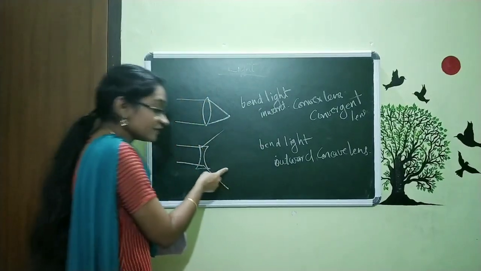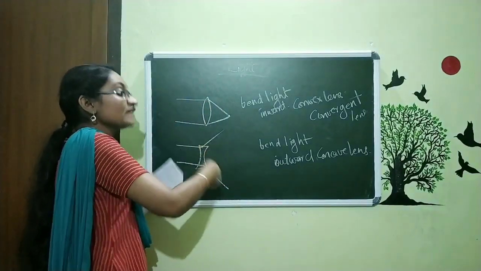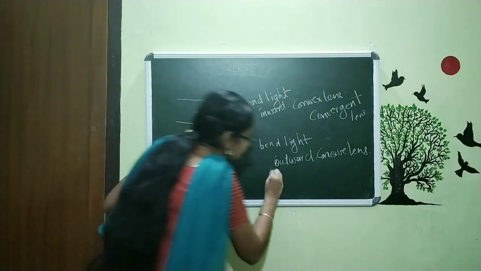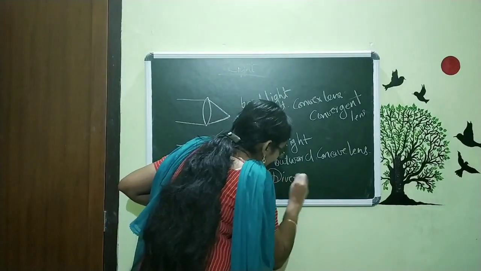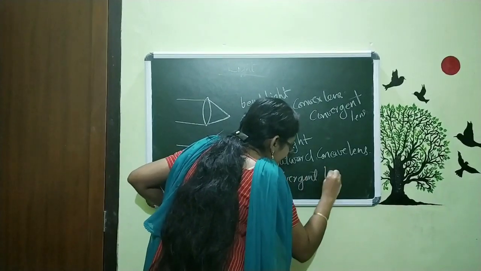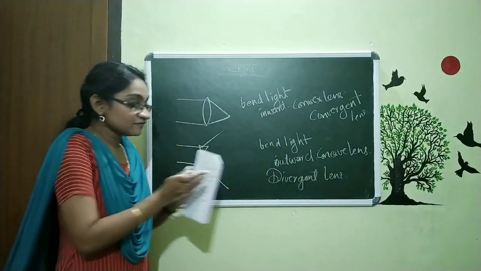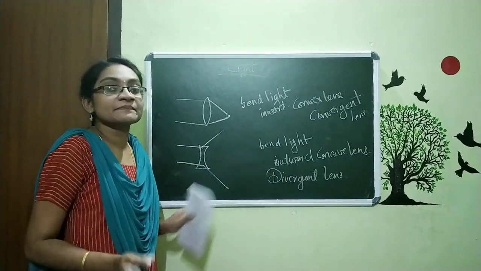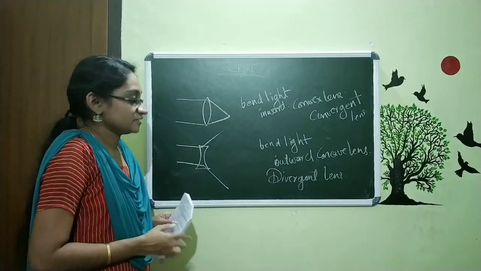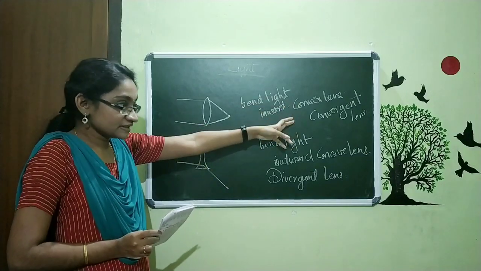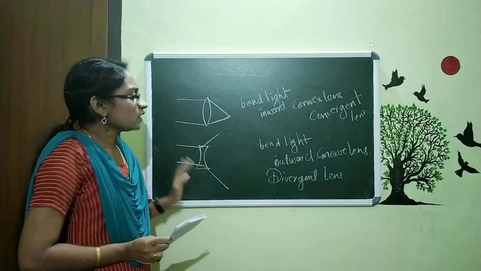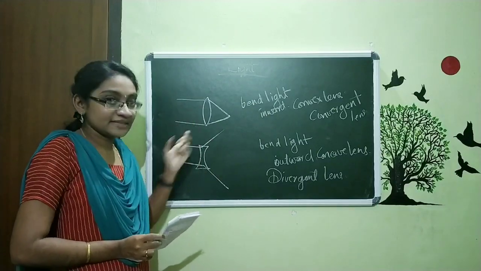And in the similar way, I am calling this concave lens a name, and that is divergent lens. Divergent lens means the light diverges from a point. So this is convergent lens and this is divergent lens. So this is all about the name of our convex lens and concave lens.